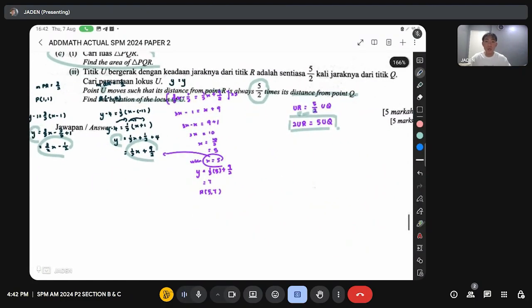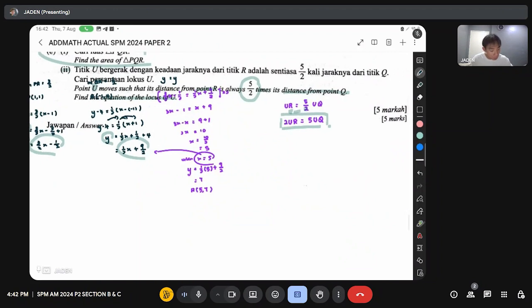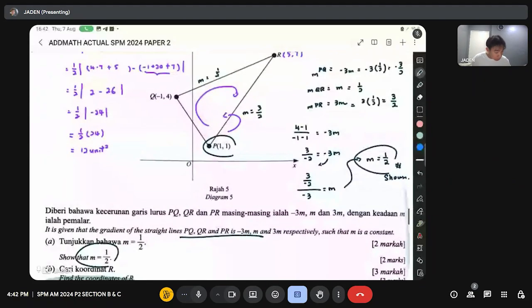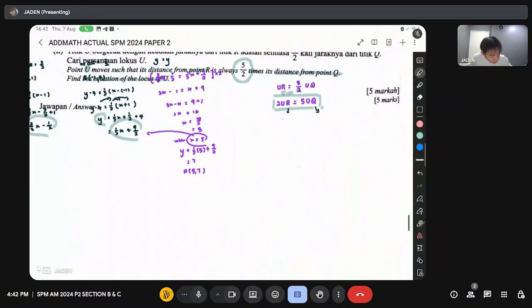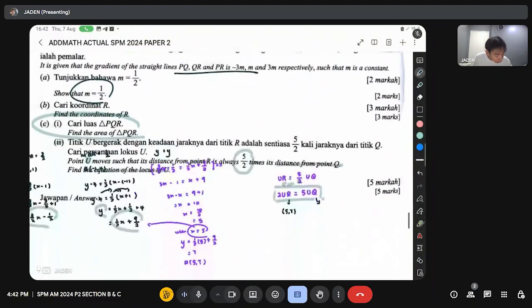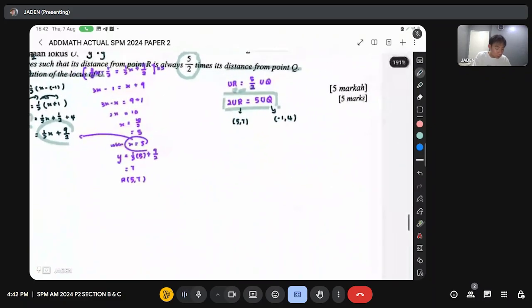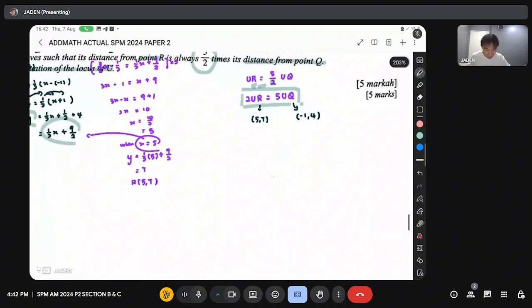Okay, 2UR equal to 5UQ, right? That means the R coordinate will happen on your left, your Q coordinate will happen on your right. So R coordinate alone is 5, 7, and then Q alone will be negative 1 and 4. Okay, now this is going to be a bit long, so please bear with me because we are using distance formula.